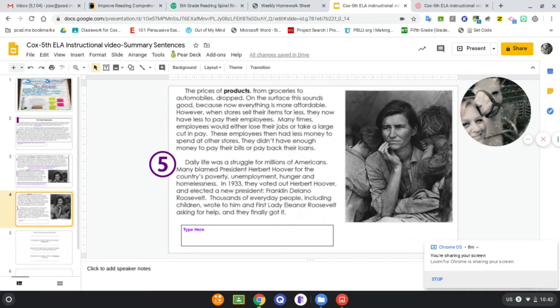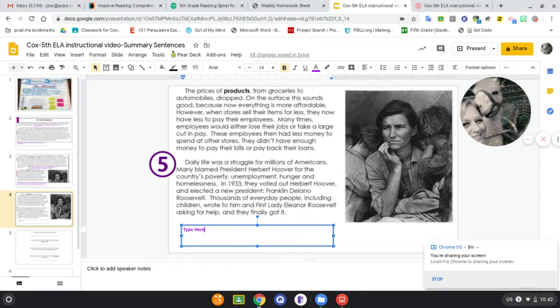It talks about the daily life and mentions a couple presidents here. And so I think a good summary sentence for section 5 is that the American people blamed the president for the state that they were in. And that was President Hoover.